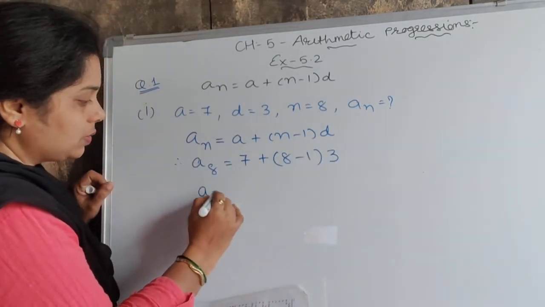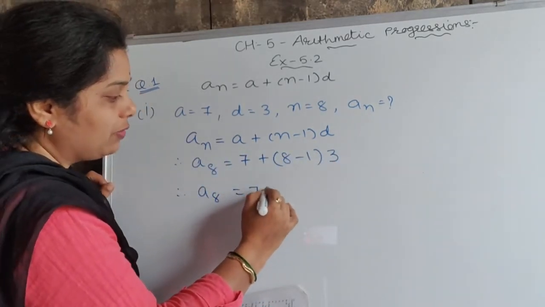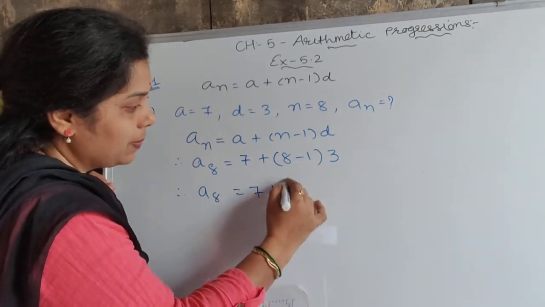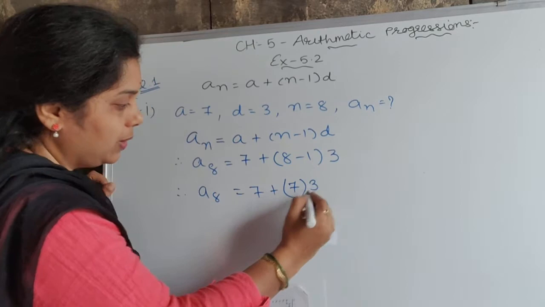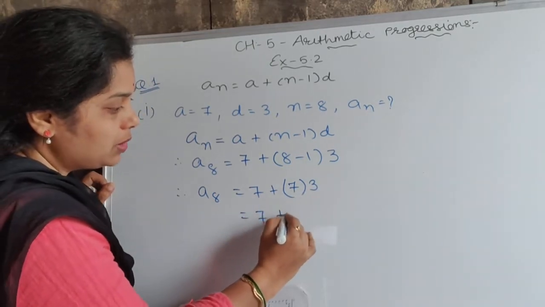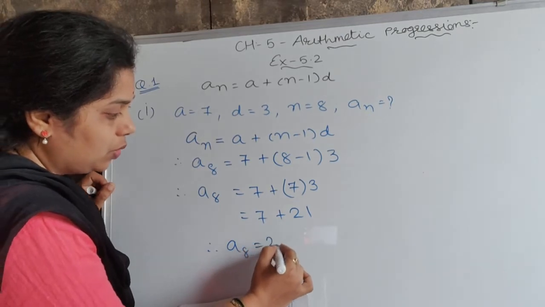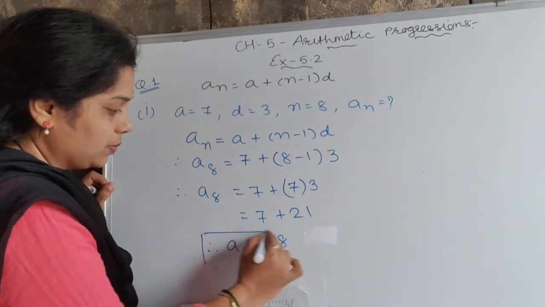So a8 is equal to 7 plus (8 minus 1), which is 7, into 3. So here 7 plus 21. Therefore we can say a8 is equal to 28.